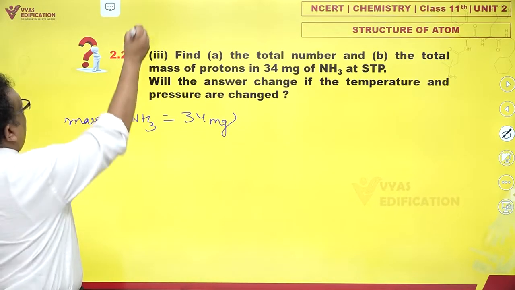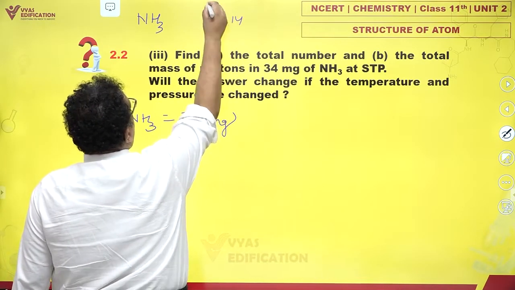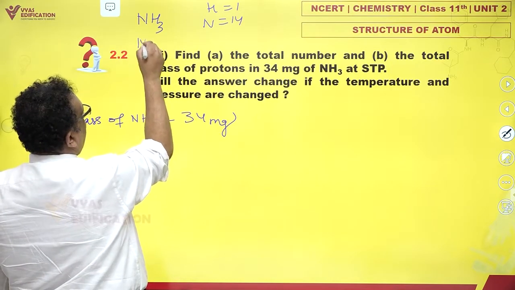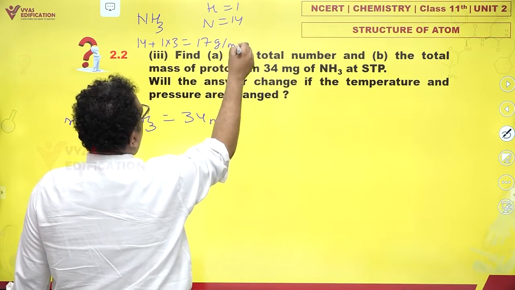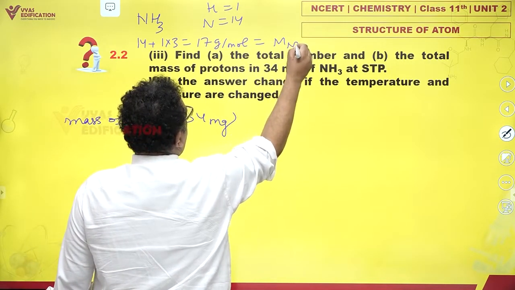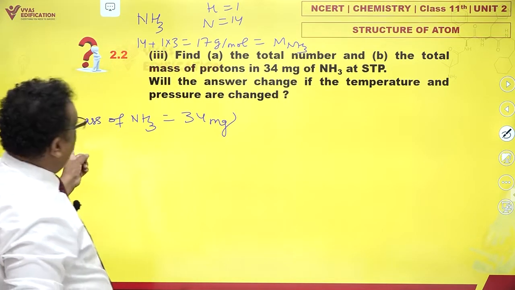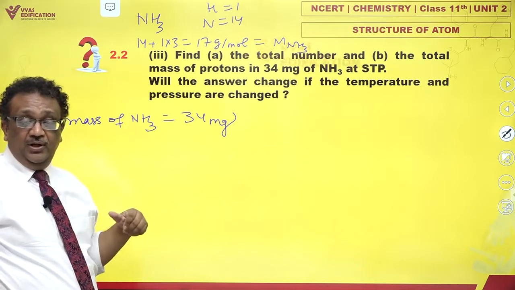Now NH3, nitrogen is 14, hydrogen is 1. So ammonia's molar mass would be 14 plus 1 into 3, that is 17 grams per mole. This is the molar mass of ammonia. Yes. Can I find the number of moles of ammonia?